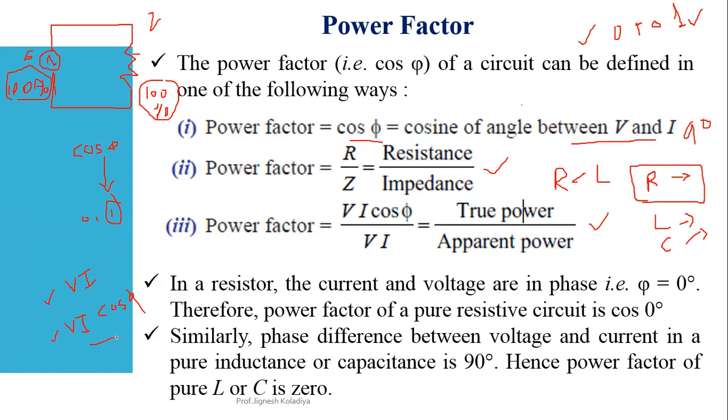But active power means what? Power which I'm getting across the load out of the total available power. If you put cos phi equal to 1, you will get the apparent power. That means whatever power is available to transfer, that whole power you are getting across the load, right? So this is the meaning of power factor.